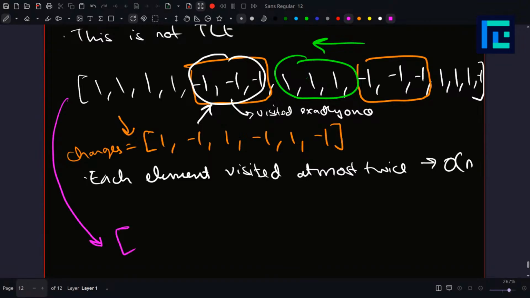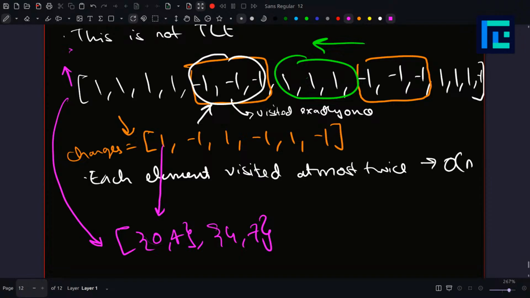So the ranges will be, for the first block, starting at 0 and ending at 4. Now this one starts at 4 and ends at 7, right?